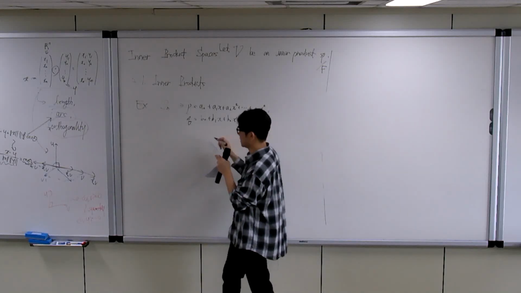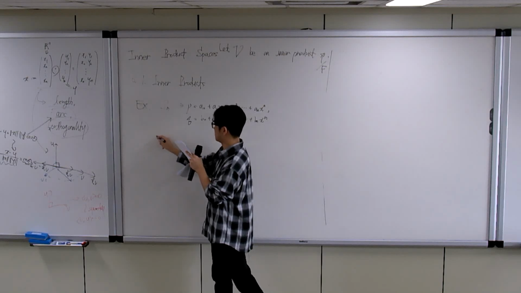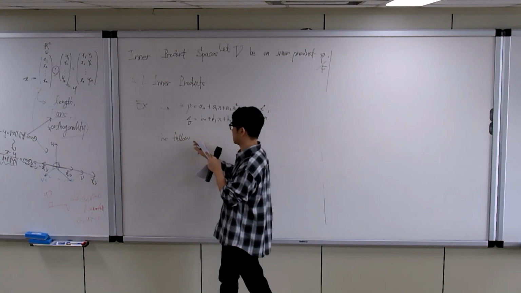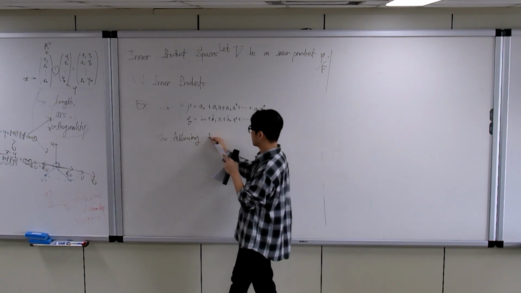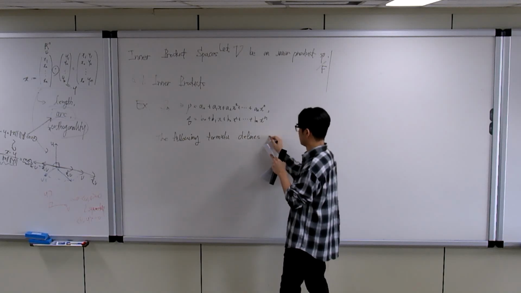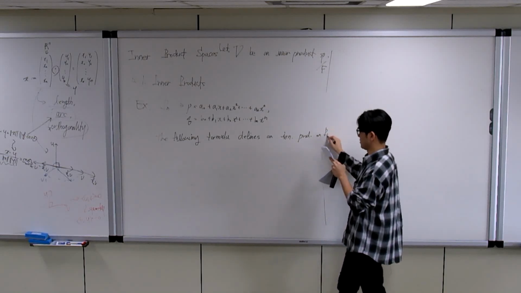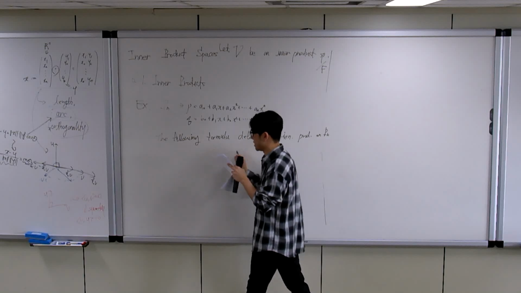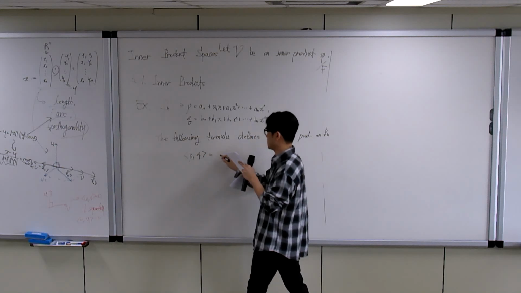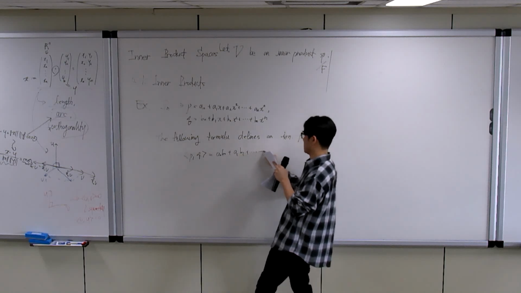and I'll give another vector q, b0 plus b1x plus b2x squared up to bn x to the n. In this case, I will define the standard product, p product q is equal to a0 b0 plus a1 b1 up to an bn.